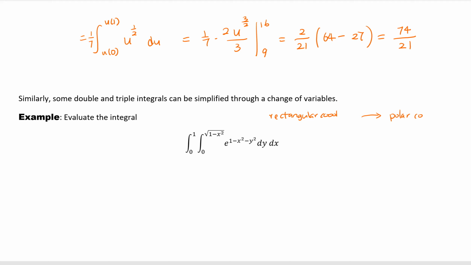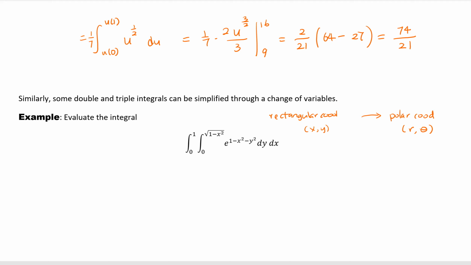If it's a triple integral, then we have spherical coordinates and cylindrical coordinates. Okay, so in rectangular coordinates we have x, y, and we want to change to polar coordinates r, theta. Alright, so this is also a change of variables.